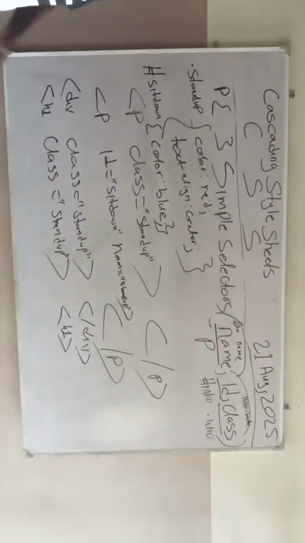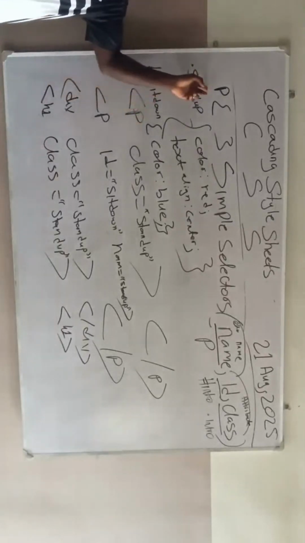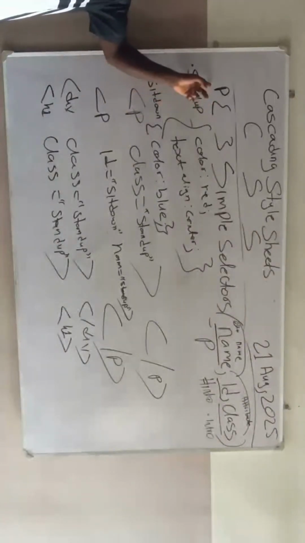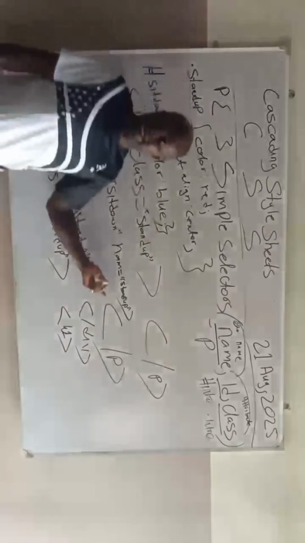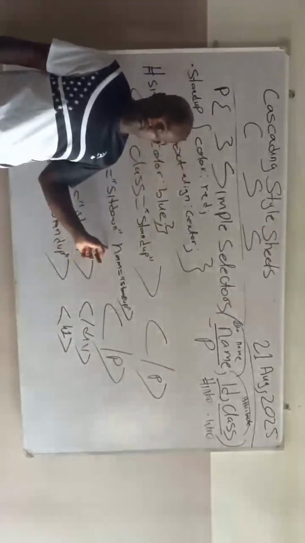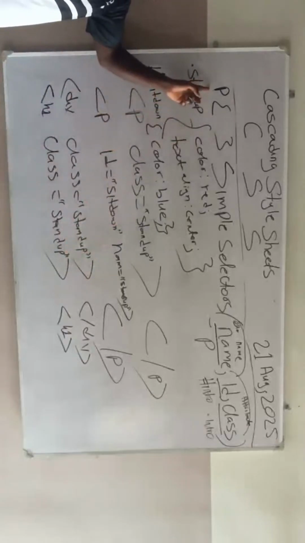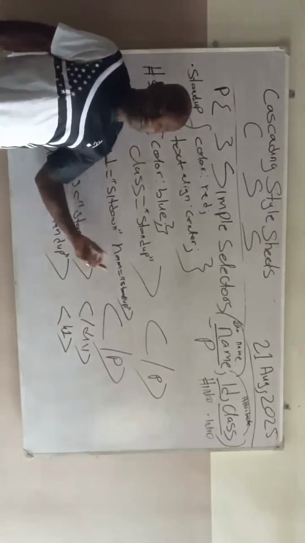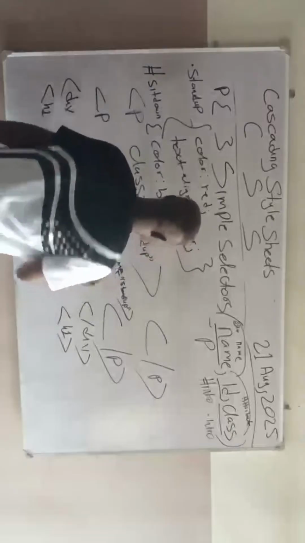That means if I use hashtag here, this is the name of the element, and not name as an attribute. Because what is an attribute known as name? This identifies what? This, not this.